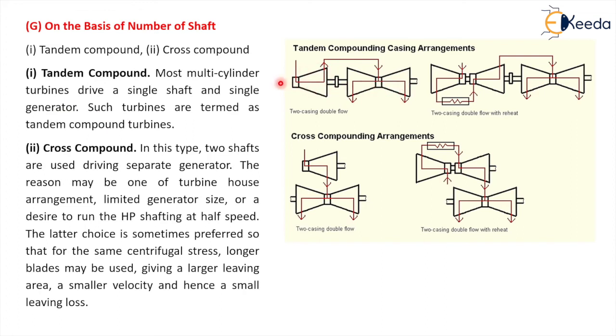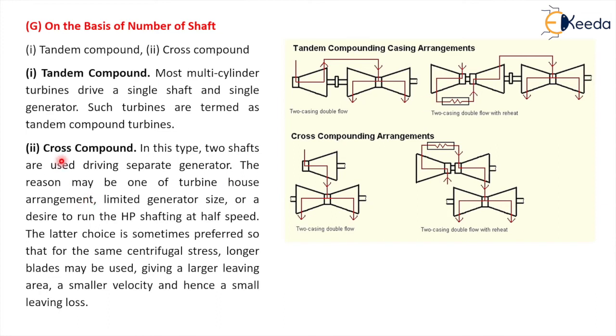Both these turbines are driving a single shaft. If I couple this shaft with a generator, then this will be a tandem compound casing arrangement. In this also you can easily see these two turbines are arranged on a single shaft. This is a tandem compound arrangement.